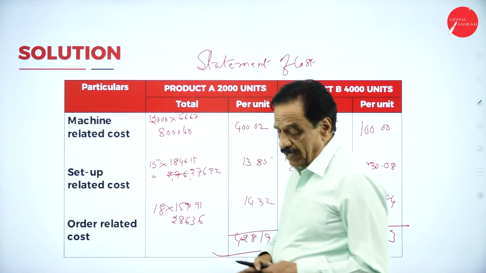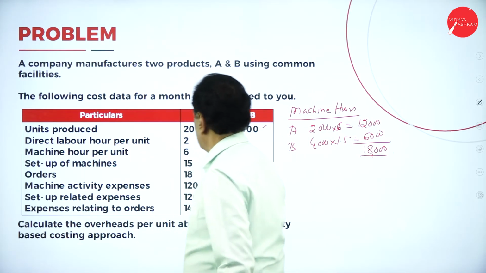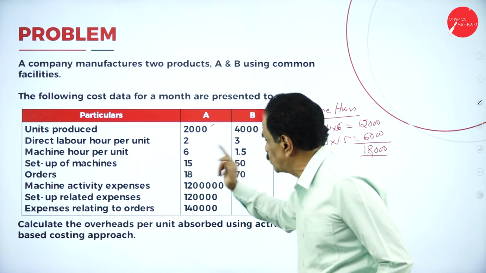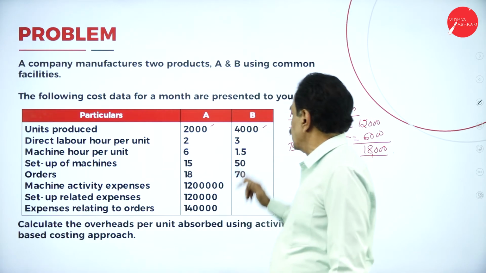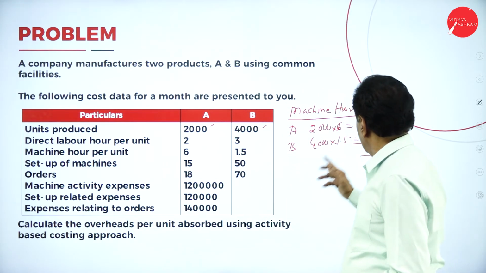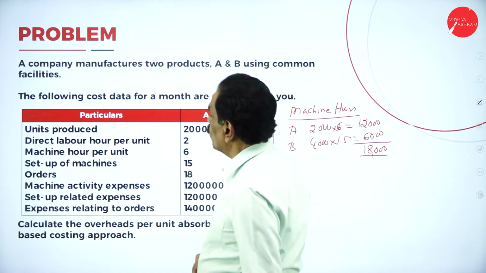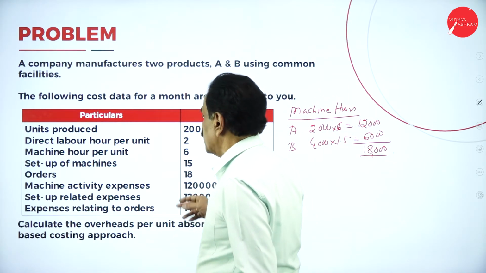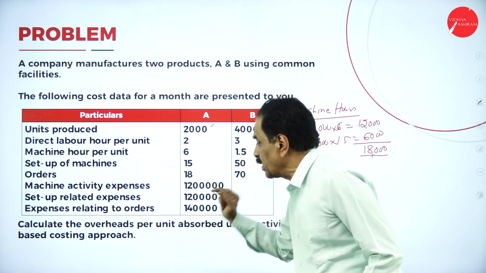So what we find out now is just a relation. First, units produced is 2,000 into 6, which is 12,000 hours, and 4,000 into 1.5, which is 6,000 hours, totally 18,000 hours. If we go with the direct labor per unit, the setups are 15, 50, and the orders 18, with 12 lakh expenditure.